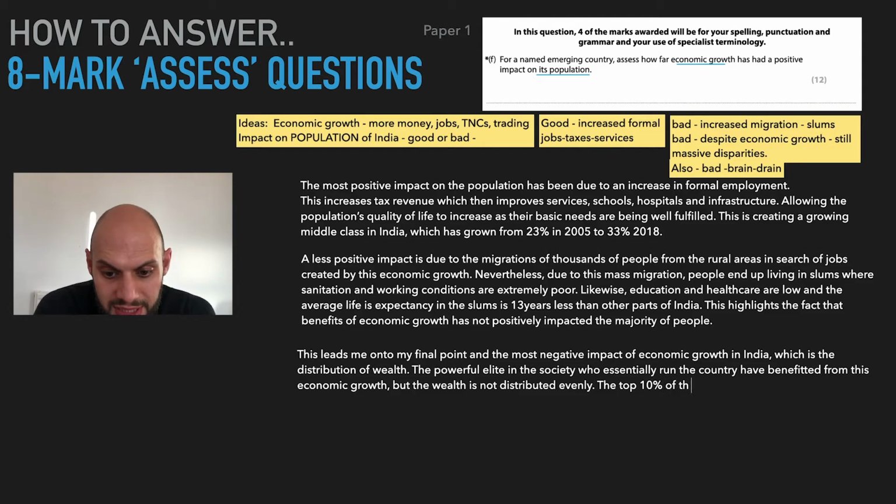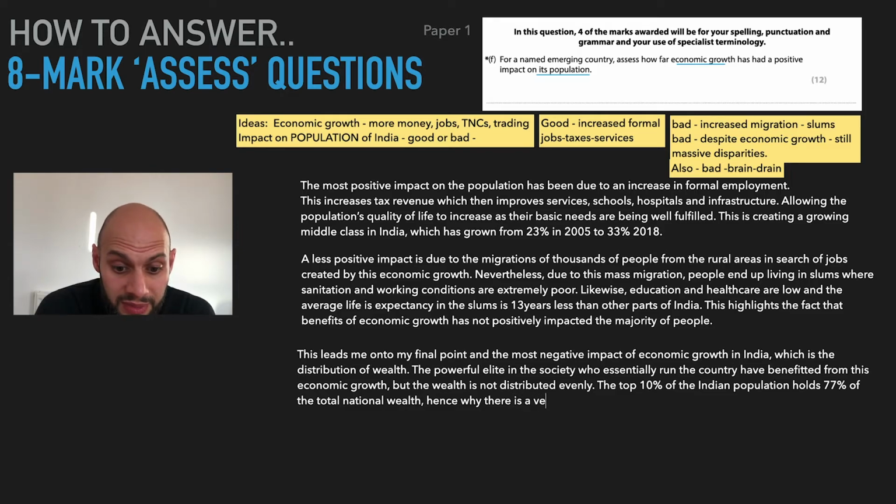The top 10% of the Indian population holds 77% of the total national wealth, hence why there is a very small middle class. You are either extremely wealthy or extremely poor.